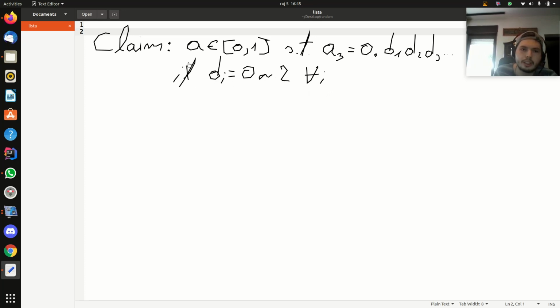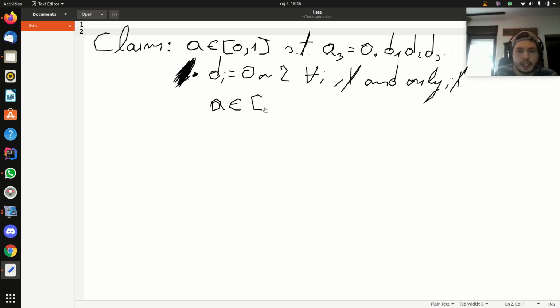So the claim is d_i is 0 or 2 for all i if and only if A is an element of the Cantor set. Okay, and we only need to show this direction.